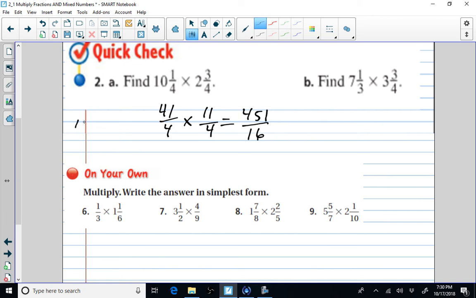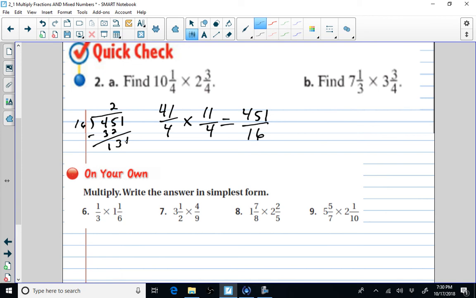So I have to divide 16 into 451. 16 times 2 is 32. I subtract, I get 3, 1, and 1. 16 into 131.